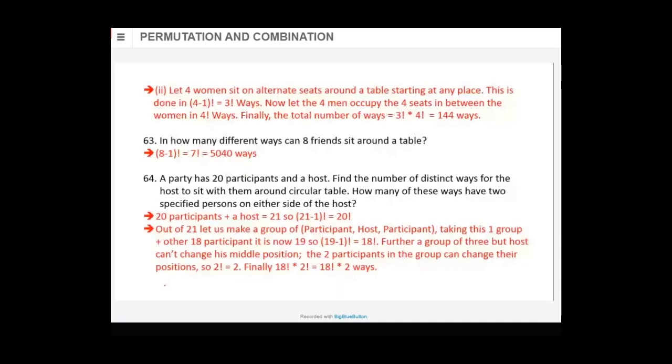Further, a group of 3, but the host can't change his middle position. The 2 participants in the group can change their position, so 2 factorial, which is equal to 2. So finally, 18 factorial into 2 factorial, or 18 factorial into 2. Take a screenshot if you want.